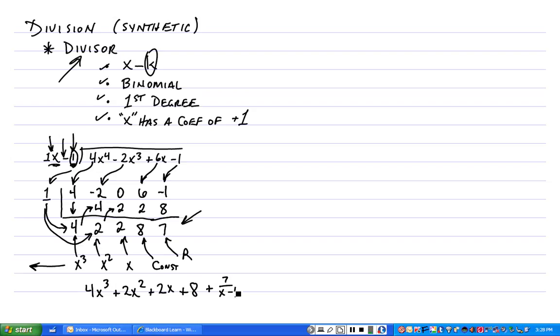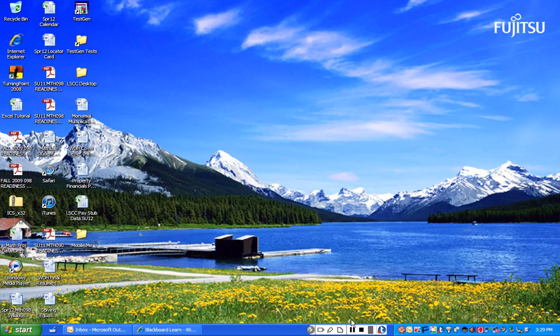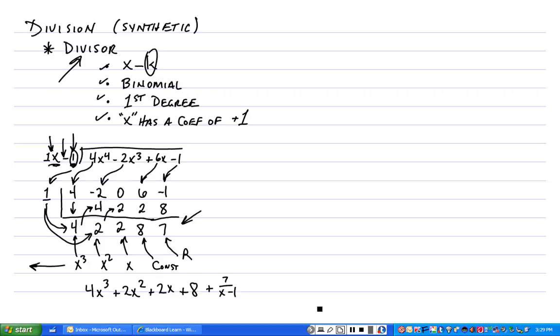Alright, so there's our final answer for this problem. And again, that's how we use synthetic division.